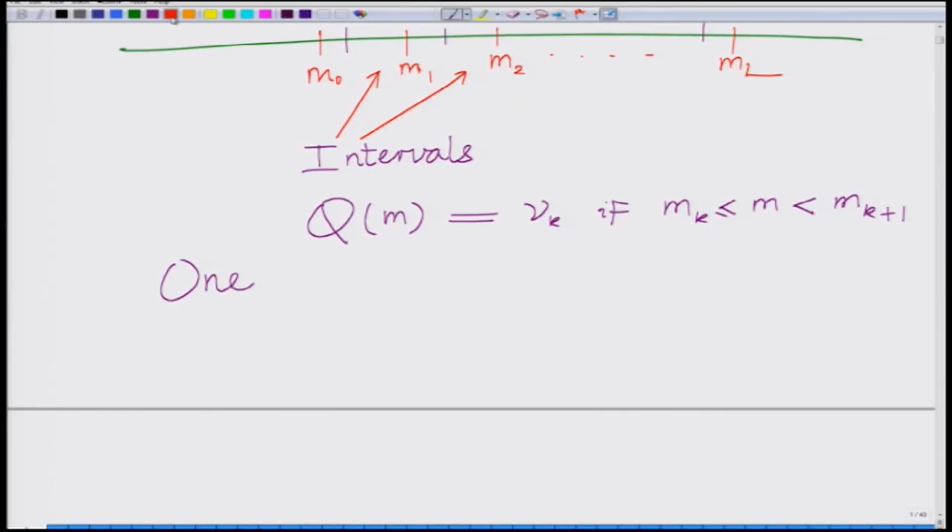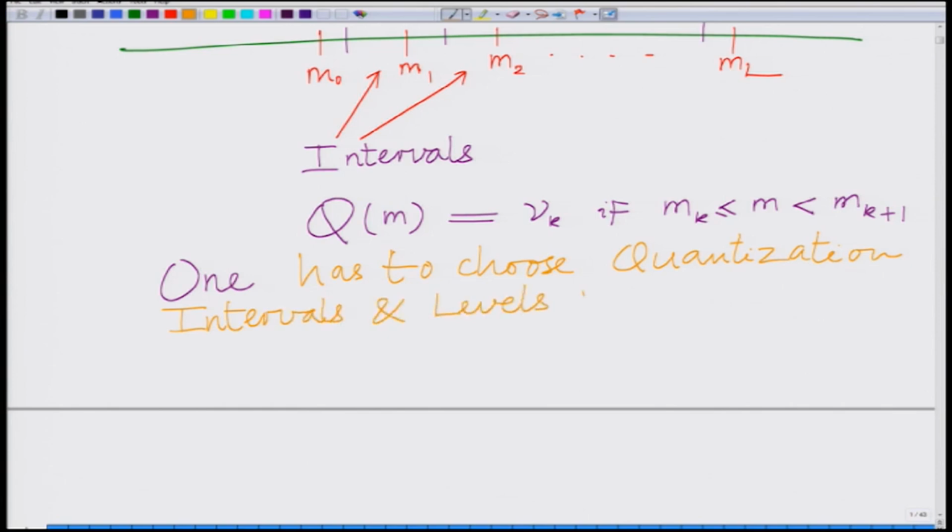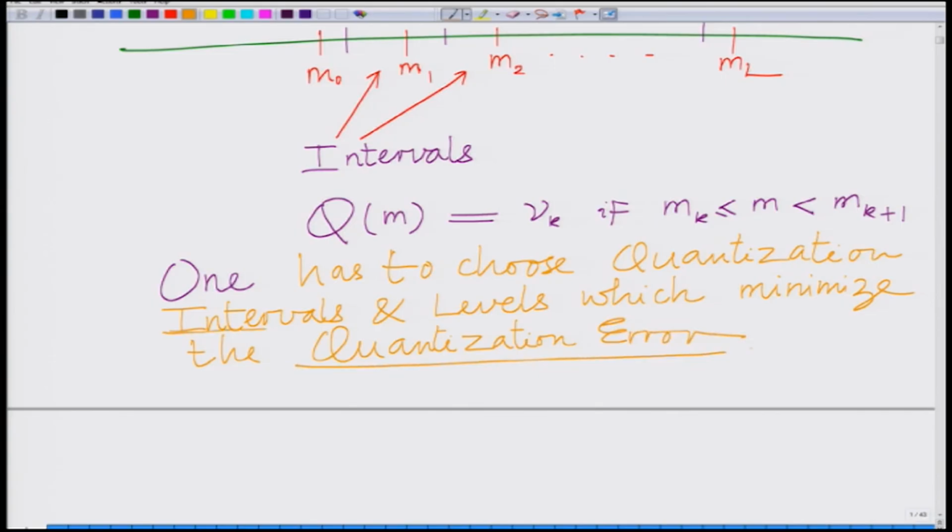So, to design an optimal quantizer, one has to choose the intervals and levels which minimize the quantization error.